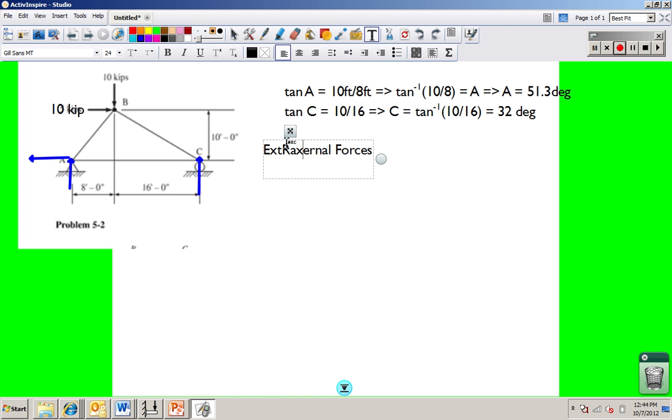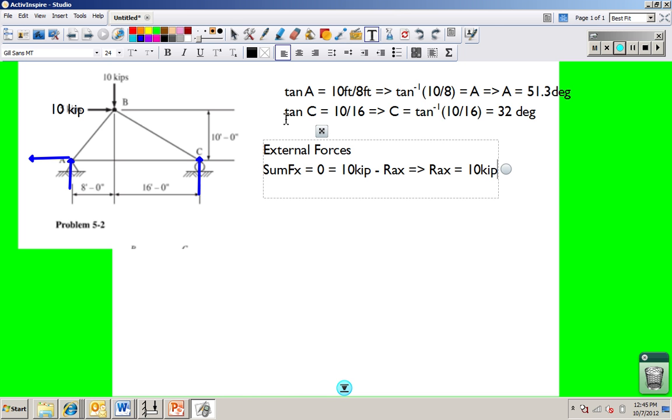So RAX, to find that we need to do the sum of the forces X is equal to 0, which is equal to, alright, this is in our traditional positive direction, so it's 10 kips minus RAX. So from that we're going to get that RAX is equal to 10 kips.